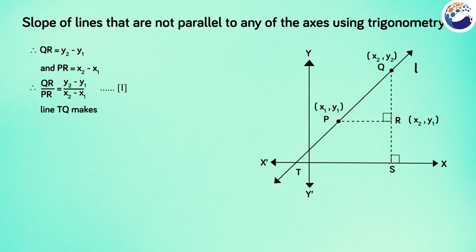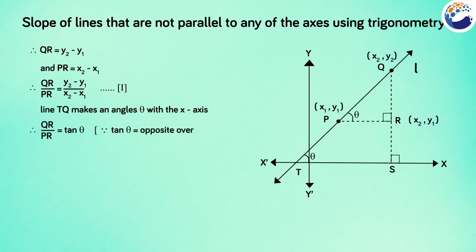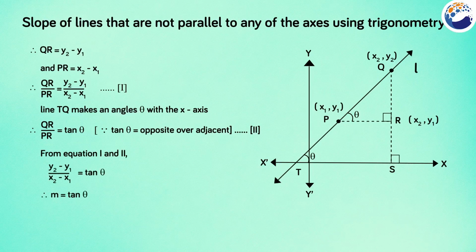Line TQ makes an angle theta with the x-axis. Therefore, QR upon PR is equal to tan theta, since tan theta is equal to opposite over adjacent. This is our second equation. From equations 1 and 2, we get (y2 minus y1) upon (x2 minus x1) is equal to tan theta. Therefore, m is equal to tan theta.